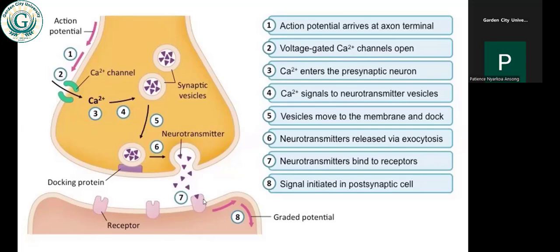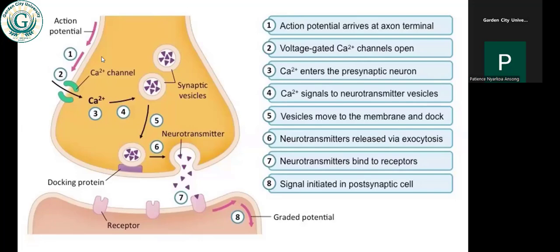These neurotransmitters bind to their specific receptors on the postsynaptic cell, and then the complex formed is going to trigger voltage-gated sodium channels to open. Sodium will rush into the cell, changing the resting state of the cell here. Then that is going to trigger subsequent voltage-gated sodium channels to open for sodium to enter. And that creates a graded potential on the postsynaptic cell.